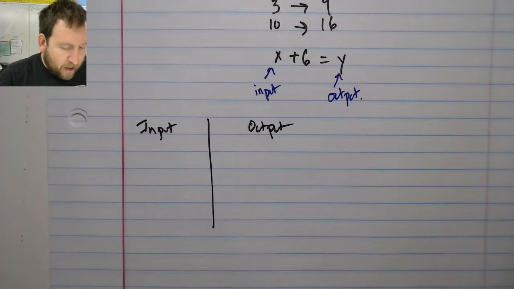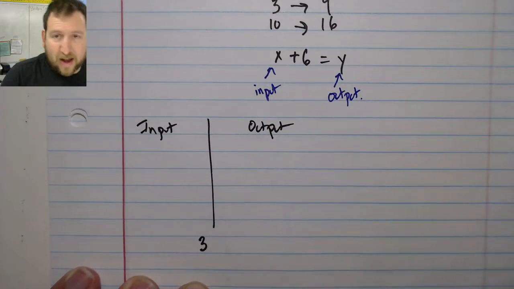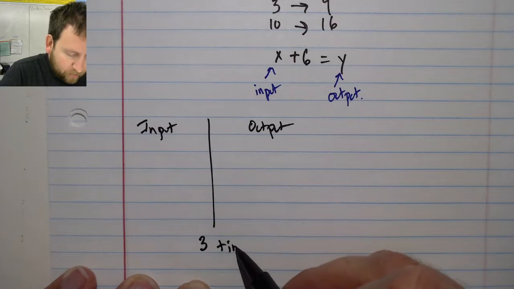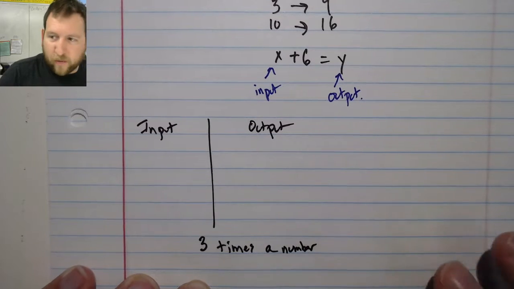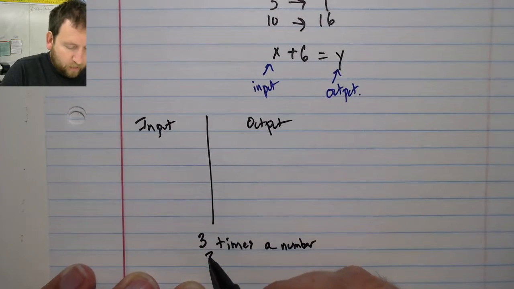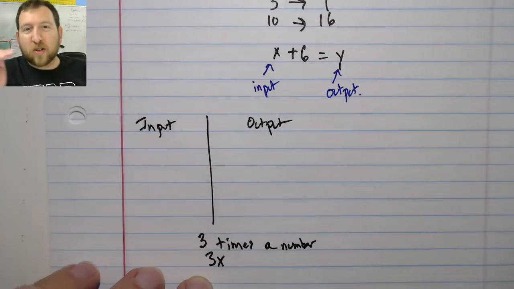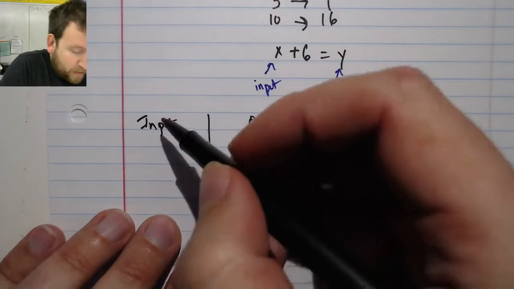So let's say my rule in this case is 3 times a number, and really that means 3x. Then I can chart some possible numbers. Lots of times I like to start at 0 and work my way up.